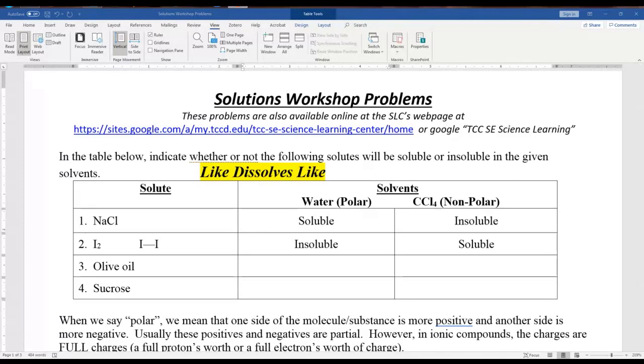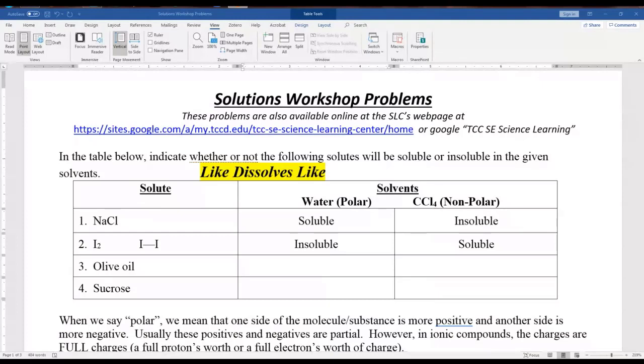And olive oil, we know that oil and water do not mix. Well, that means that if water is polar, olive oil must be nonpolar. And there's a general understanding that fats tend to be nonpolar.